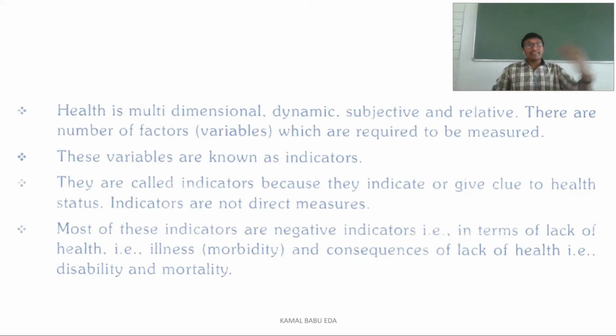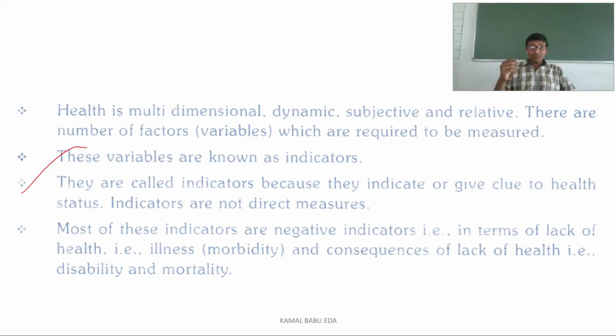As I am discussing, the variables, we are using certain types of points. As I have said, morbidity, which tells us the number of illnesses, and mortality, which tells us the number of deaths or disabled persons. These are some set of variables. They are called indicators because they indicate or give a clue regarding the health status.